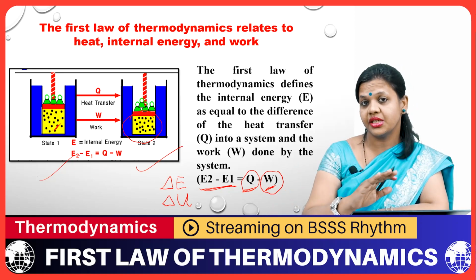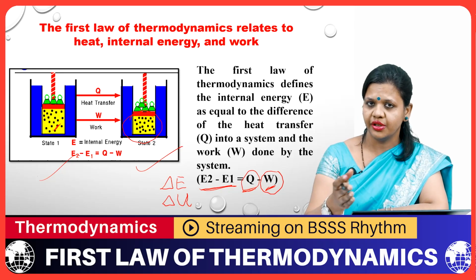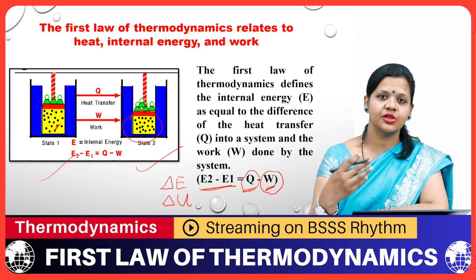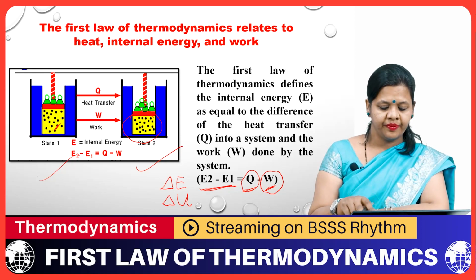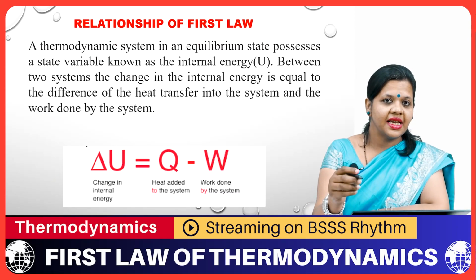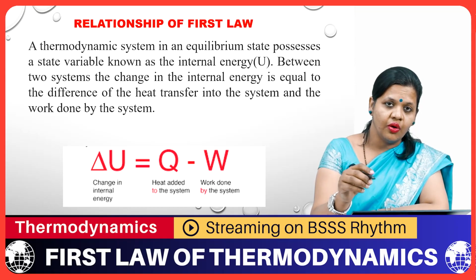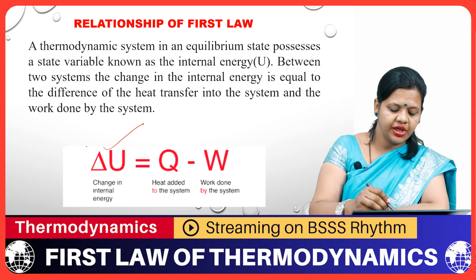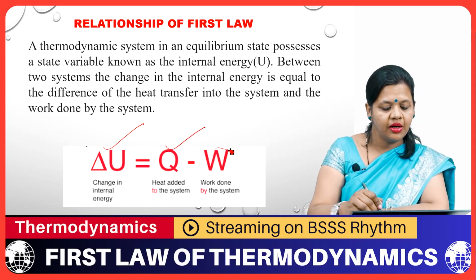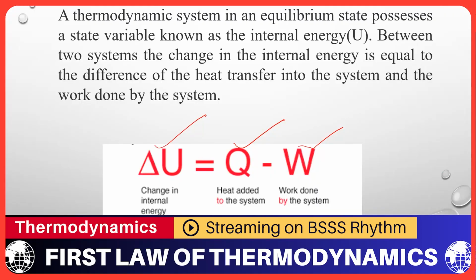An exchange keeps occurring throughout the universe, and the universe is also governed by the first law of thermodynamics. The first law tells us about the relationship between internal energy, heat absorbed and work done. These are three important state variables which are related by the first law.